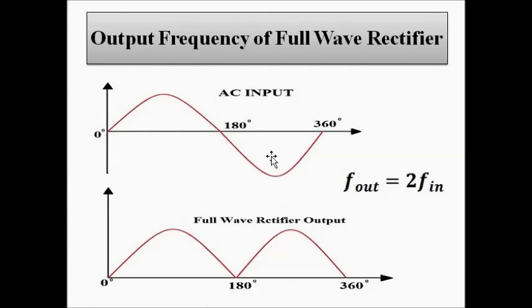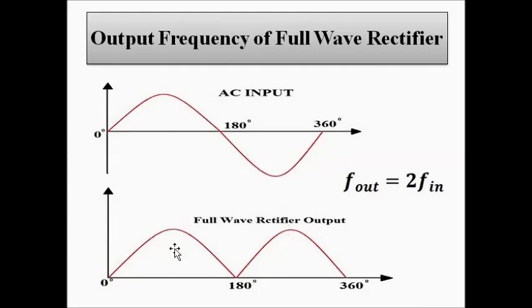In half wave rectification, current conduction took place only during the positive half cycle and no current conduction took place during the negative half cycle. But in full wave rectification, current flows through the circuit through the load resistance during both the half cycles.